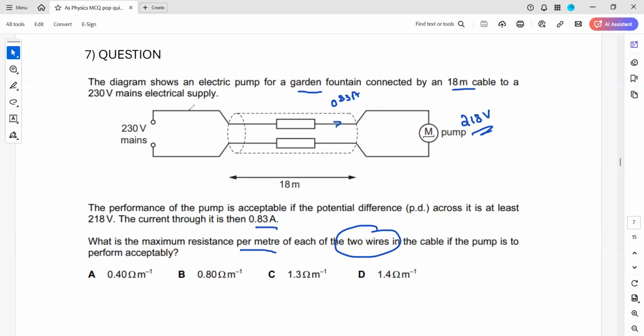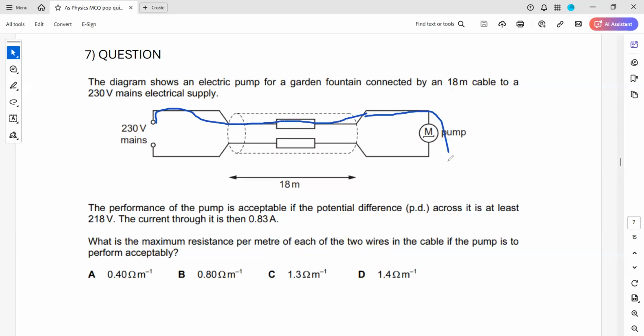This is a supply. So this is actually a series circuit. If this is positive and negative, that's how the current will flow. Or if this is a main supply, it will be an AC supply, so the current will change. So this is actually a series combination rather than a parallel combination. So we have positive and negative, and the current will flow.